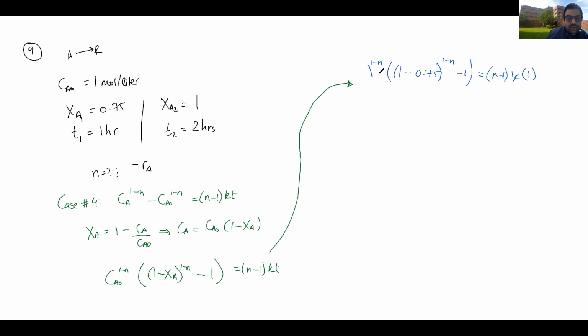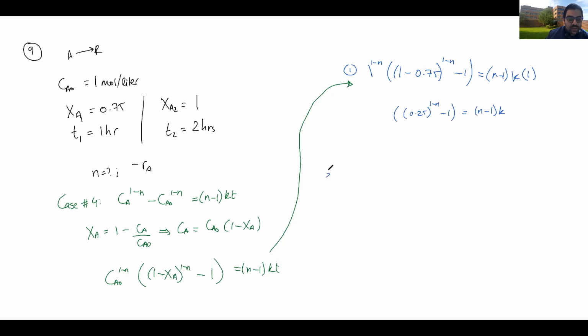So this is the first set of conditions. We can clean this up before moving on. I'm going to get 0.25 into 1 minus N minus 1 is equal to (N minus 1) K, using the first set of conditions.